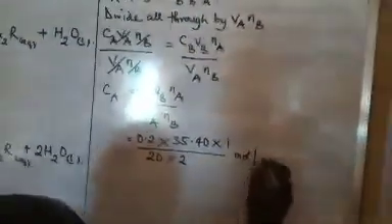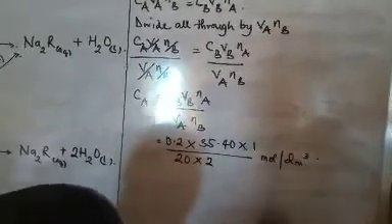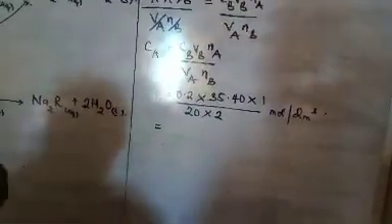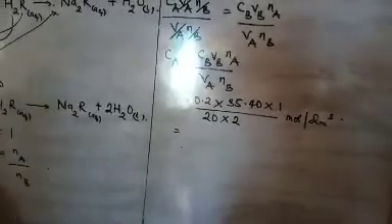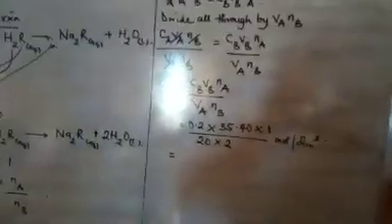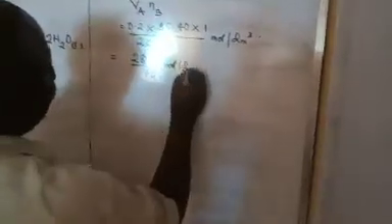Concentration of acid, unit very, very important, mole per dm cube. Very good. So from here, I will multiply out to quickly see what we have per dm cube.